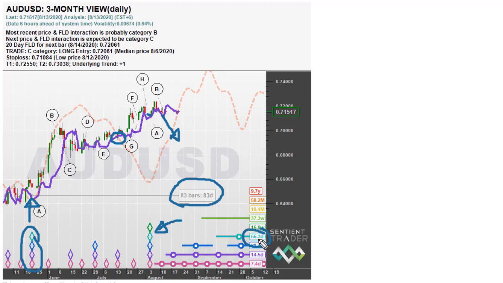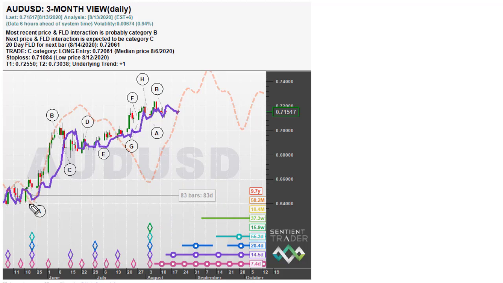So this sudden stretching of the most recent 80-day cycle to be longer than 83 days is getting a bit too long, which is why Sentient Trader has positioned the 20-week cycle trough over here. So the analysis is difficult. It's slightly questionable.